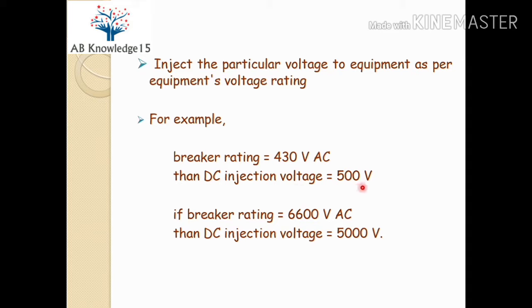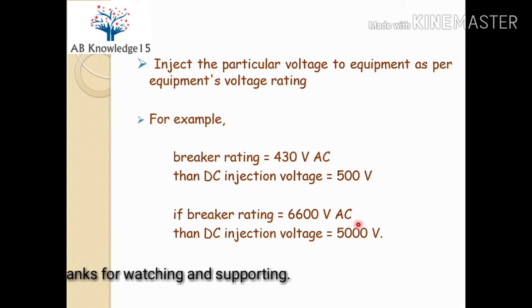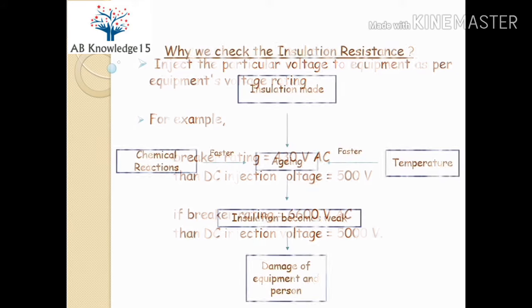And suppose the breaker rating is 6600 volts, meaning 6.6 kV AC, then the DC injection voltage will be 5 kV, meaning 5000 volts. So you have to inject the DC voltage according to the breaker's AC voltage rating.